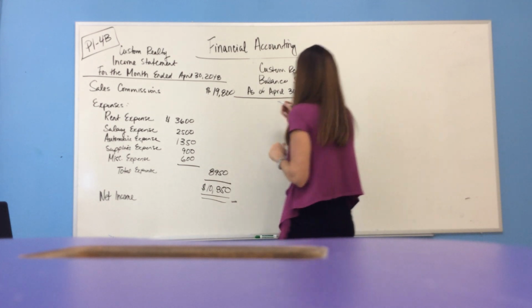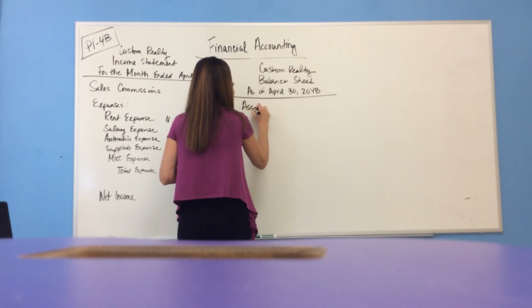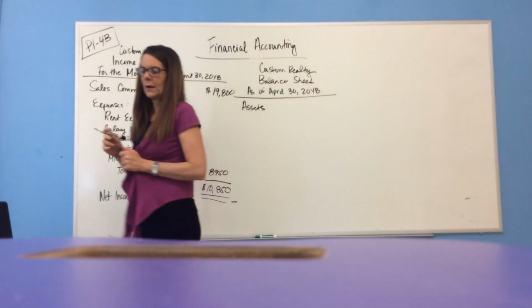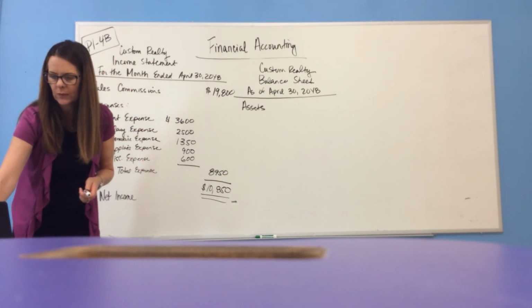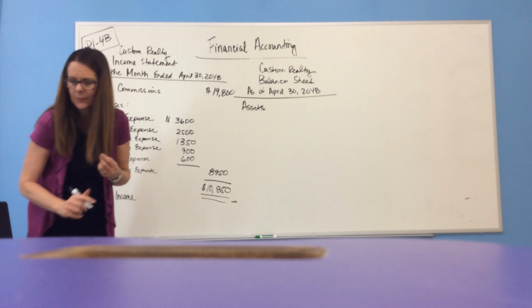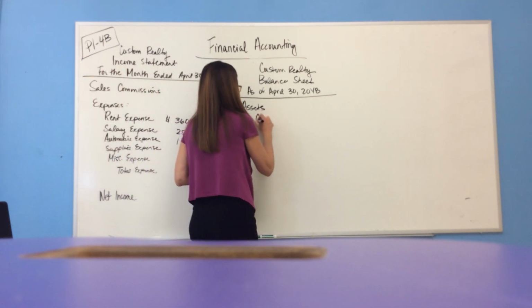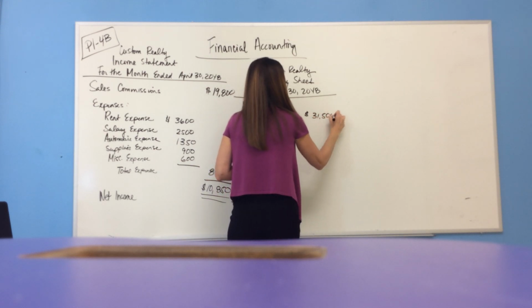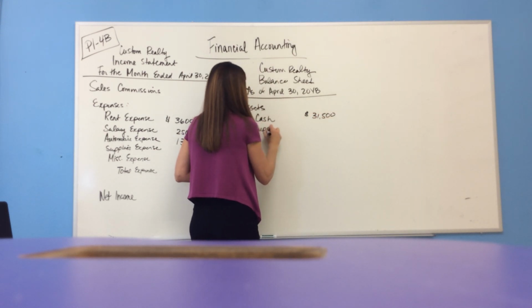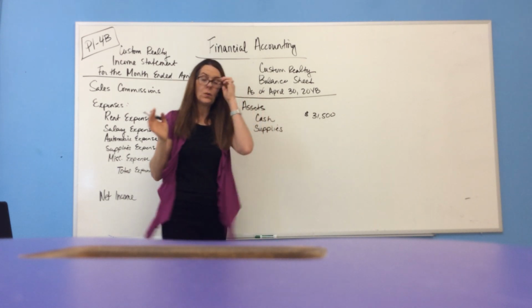So we start with assets. From our work in number 1 we have cash for a total of $31,500 and supplies for $300. And that's all we have for assets.